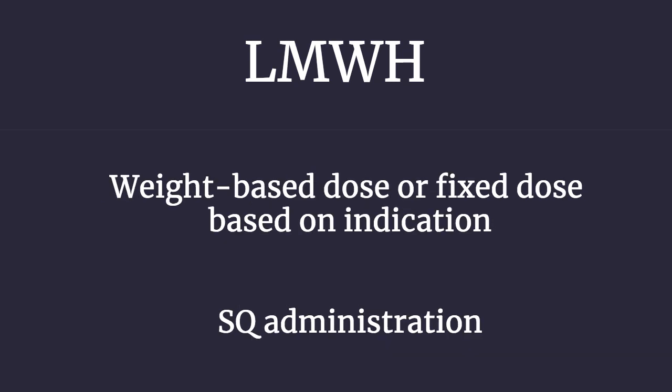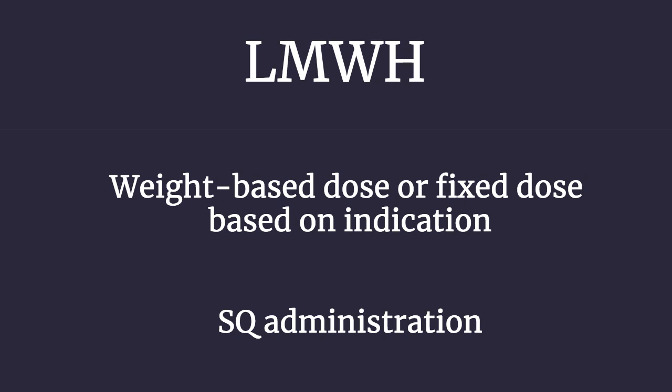The dose for a lot of the indications is weight-based, and the dose for some indications, such as prophylaxis for hospitalized patients or orthopedic patients post-surgery, is actually fixed dose.